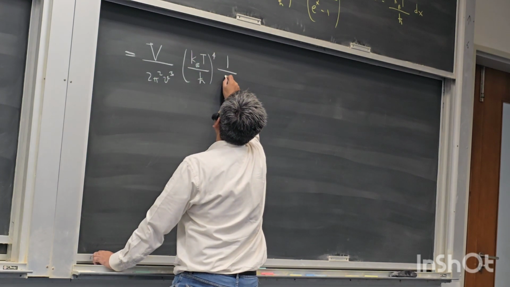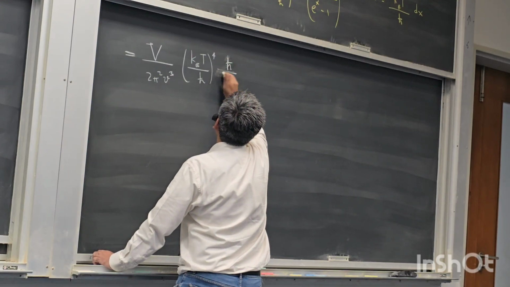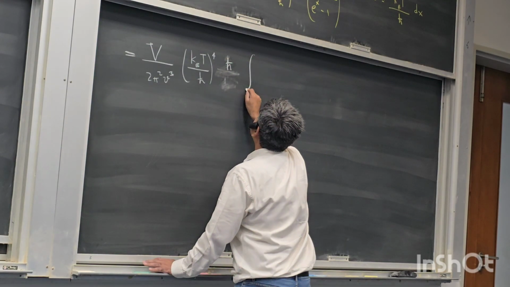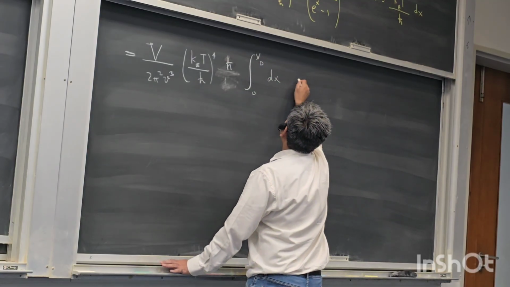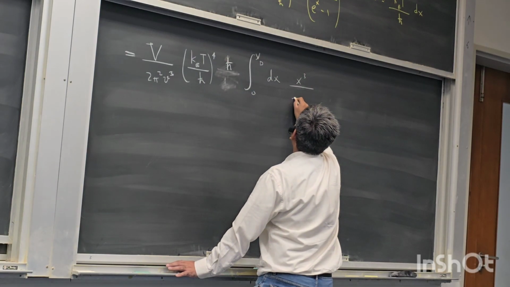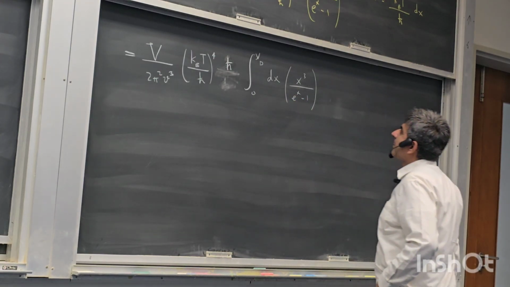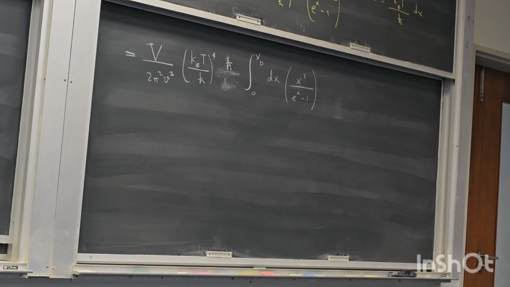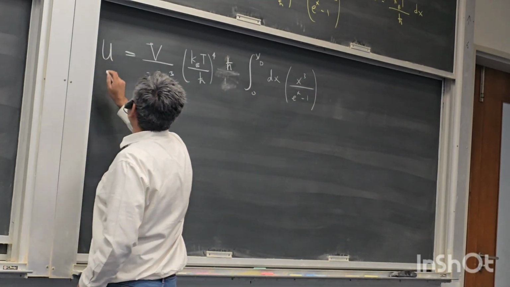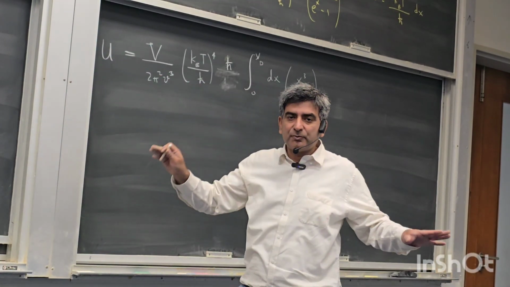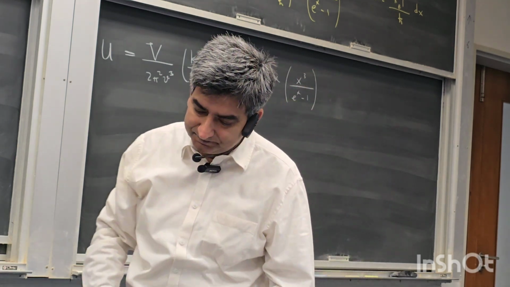An additional, in the numerator, h bar, integral 0 to xd dx x cube. Okay. So this is my energy inside the system due to all the frequencies, due to all the modes in a one branch, one polarization only.